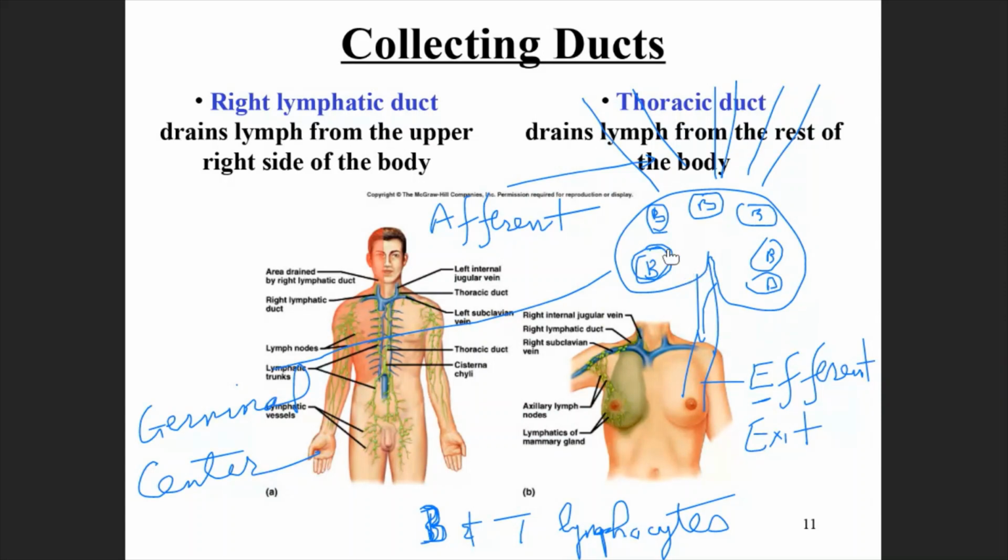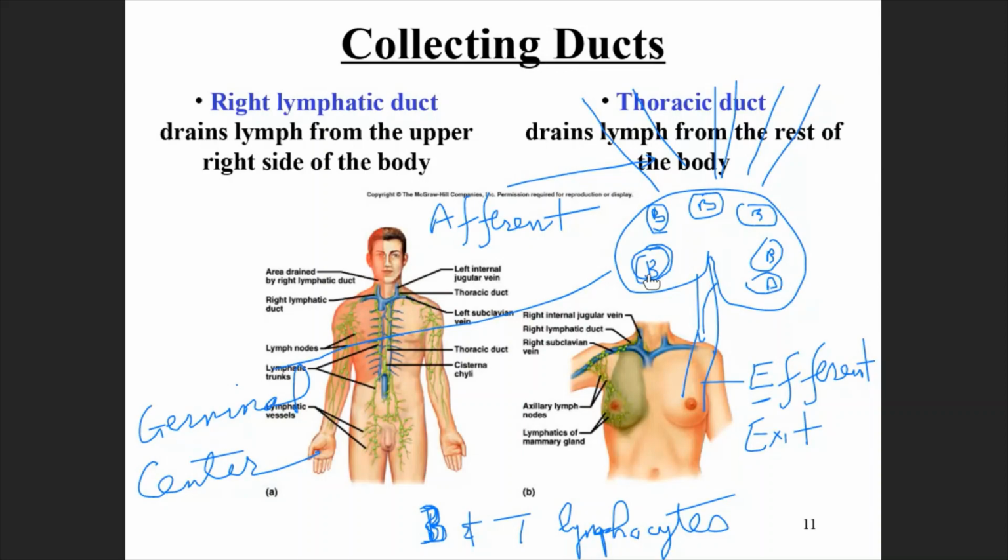And we're going to see a phenomenon known as clonal expansion. Within the germinal center, you have roughly about 1 million different B cells, and these B cells have different receptors on their surface.